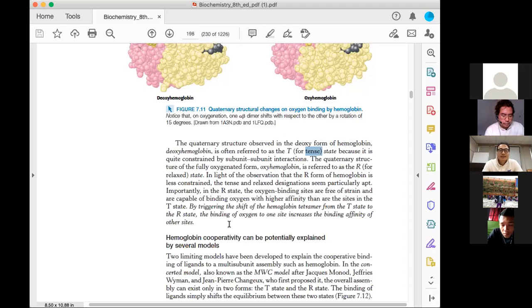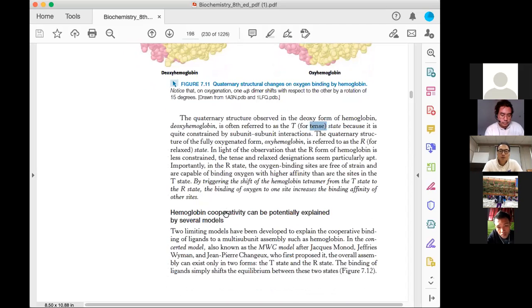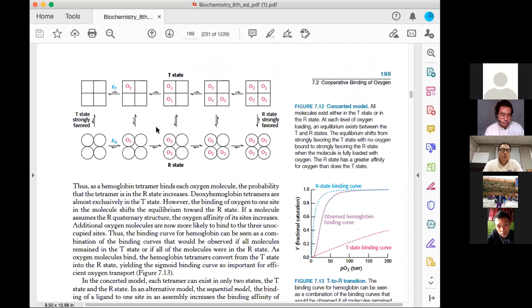And you can see that the binding of oxygen triggers the shift of the hemoglobin tetramer from the T to the R state. So where do we find this? If you look at the graph right here, you see two arrows.